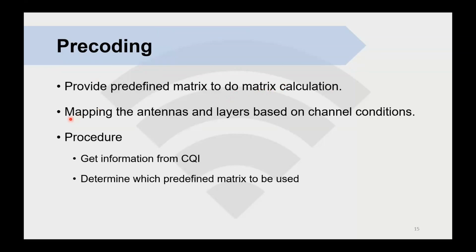This function block can also map the antennas and layers based on the channel condition. The procedure is to get the channel status information from a parameter called CQI, whose full name is channel quality indicator, and then determine which predefined matrix to be used.